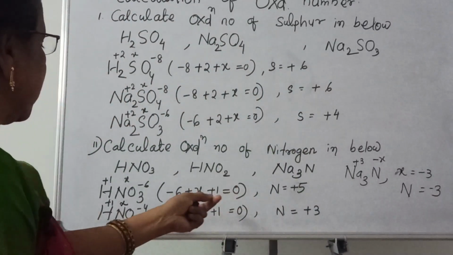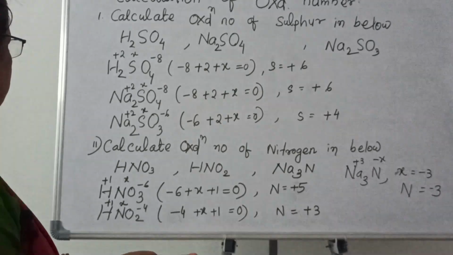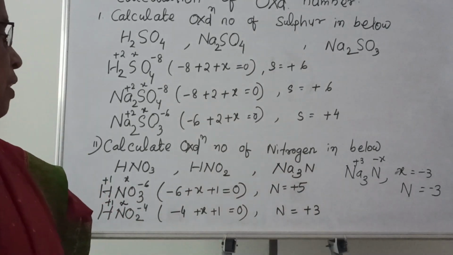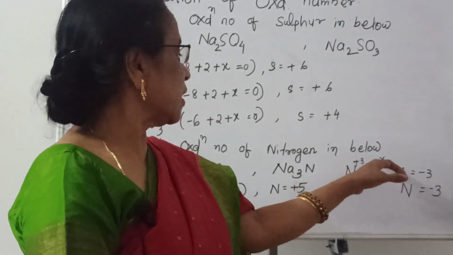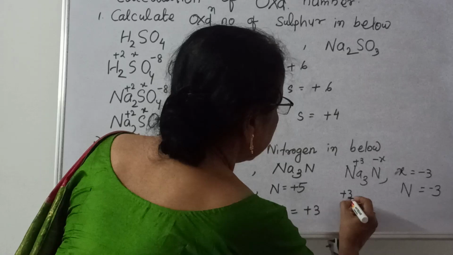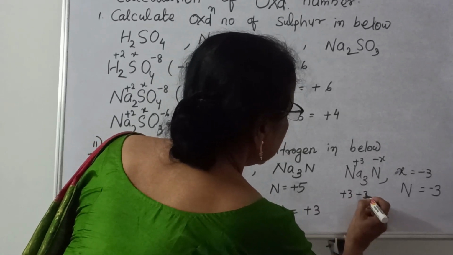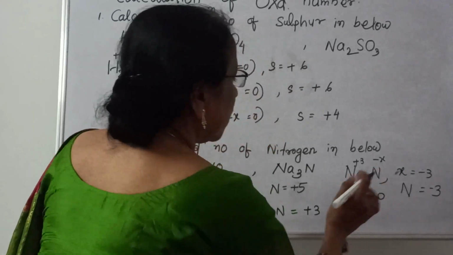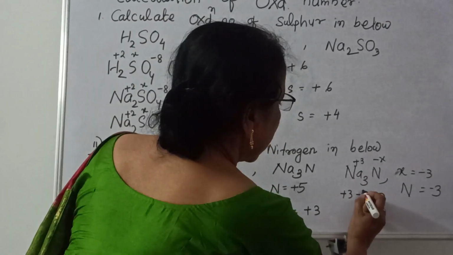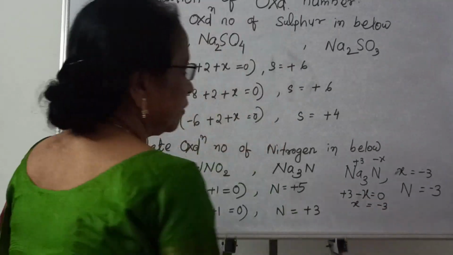And now you see here they are all plus signs, but here it is a minus sign. So minus 3, because here plus 3 and plus 3, sum of the oxidation numbers and minus 3 equal to 0. So plus 3 minus 3 equal to 0. So you can write also x here. So x equal to minus 3.